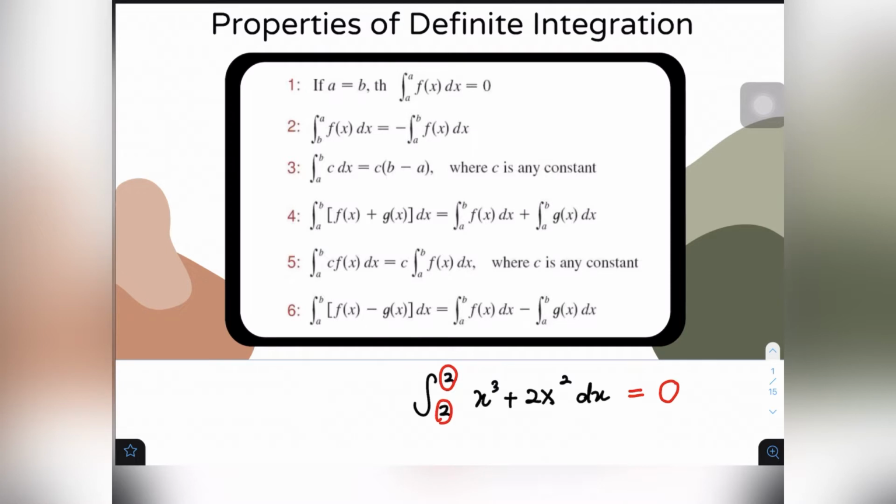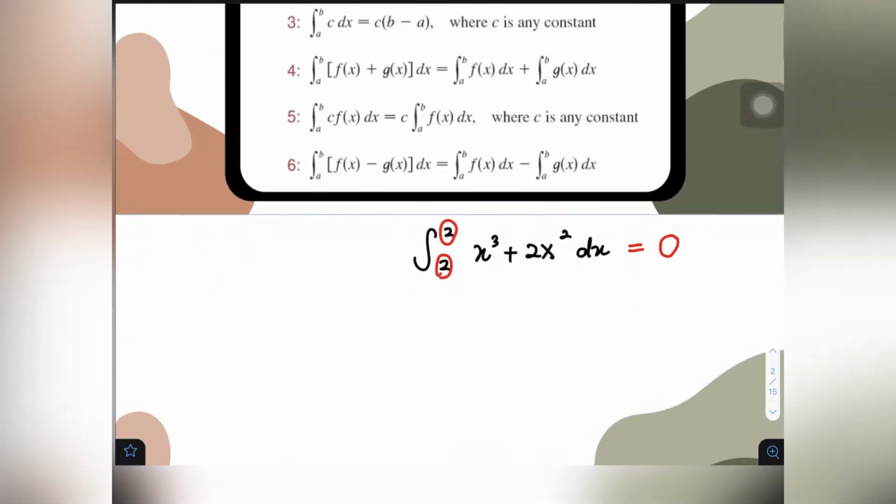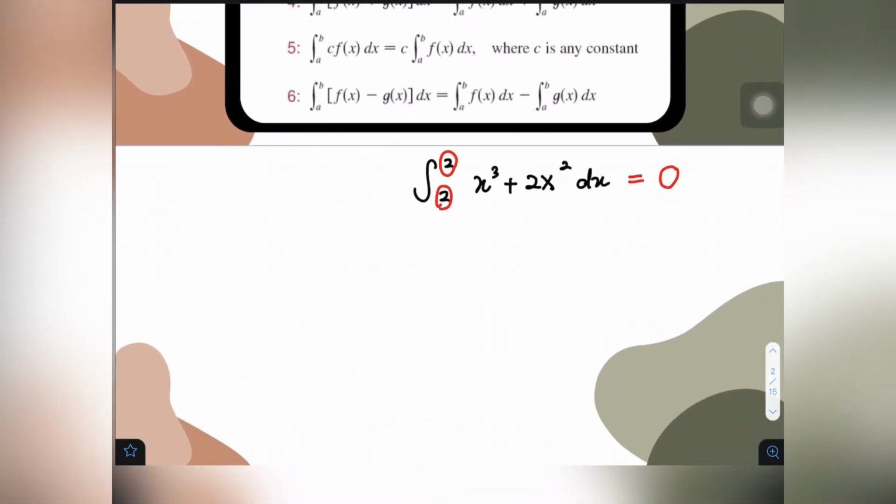Let's learn why this happened. For definite integration, we will integrate our function as usual. For the first term, x cubed, you integrate and you will get x to the power of 4 divided by the new power, which is 4, and then plus, you integrate 2x squared, you will get 2x to the power of 3 divided by 3.